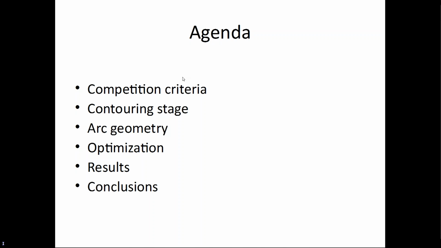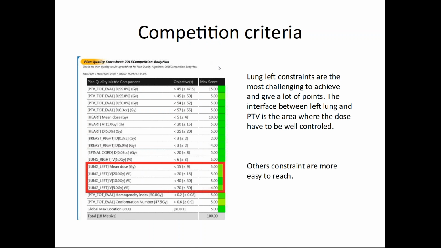So the competition criteria was almost easy to reach. For me, the biggest difficulty was the left lung, which was really hard. This is a point where you have to control very well the dose in the interface between the PTV and the left lung.